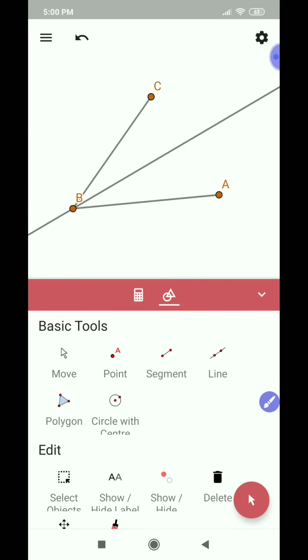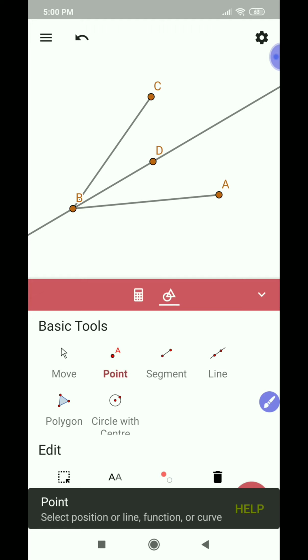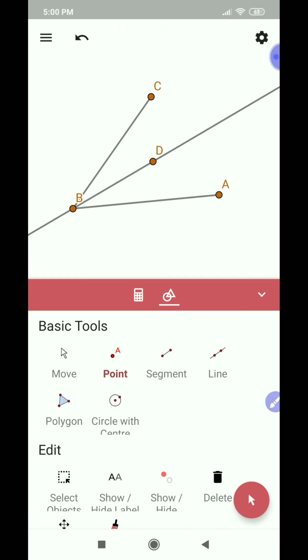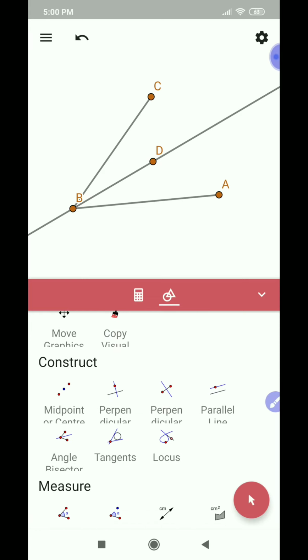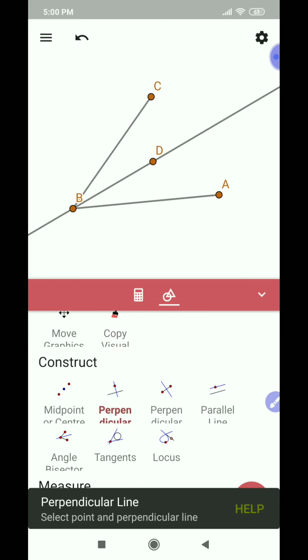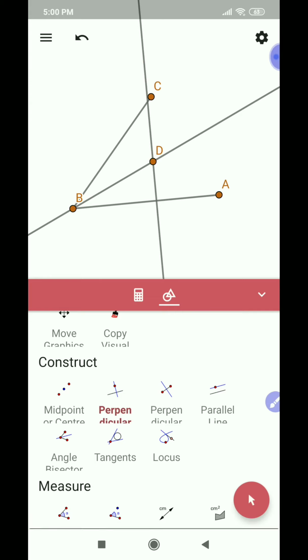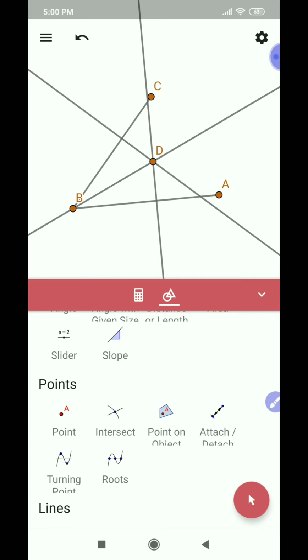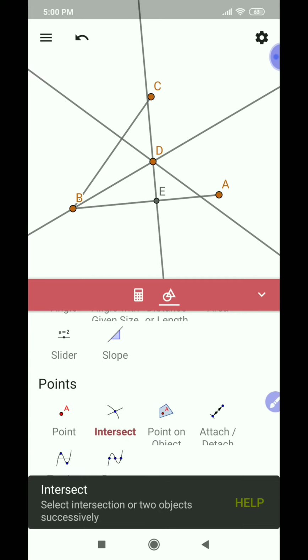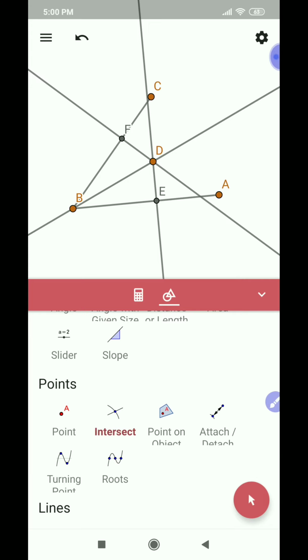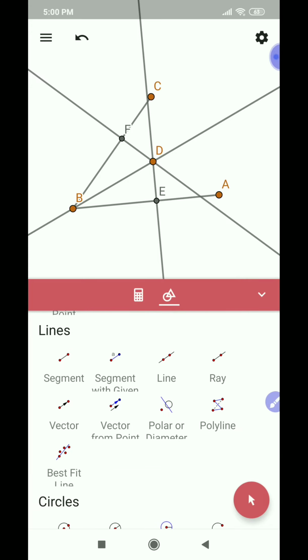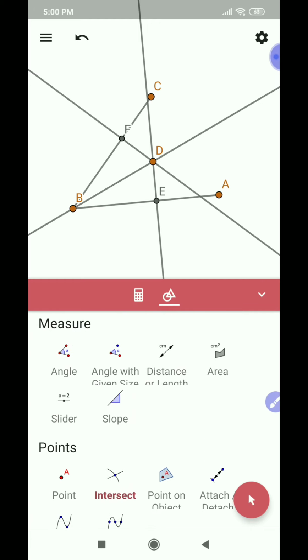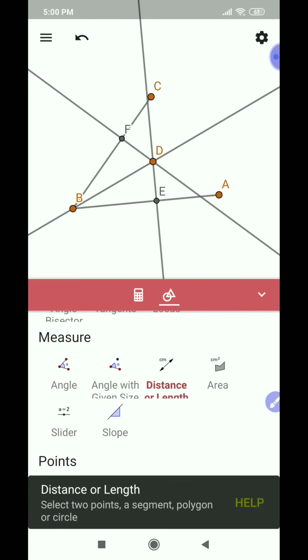Now take any point on the angle bisector. Name it as D. Now draw a perpendicular line from D to side AB. Similarly from D to side BC. What are the intersecting points? Name them E and F. Now measure the distance DE.